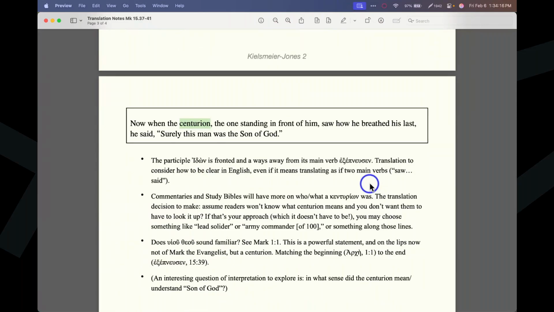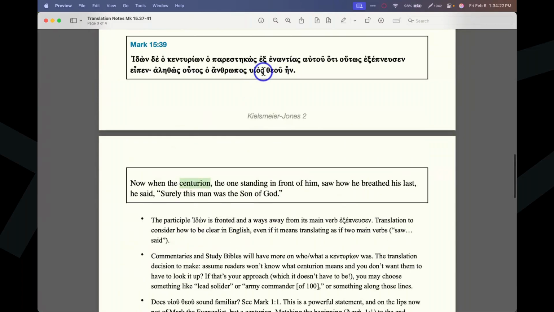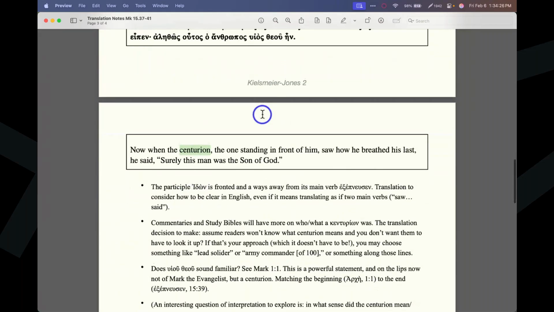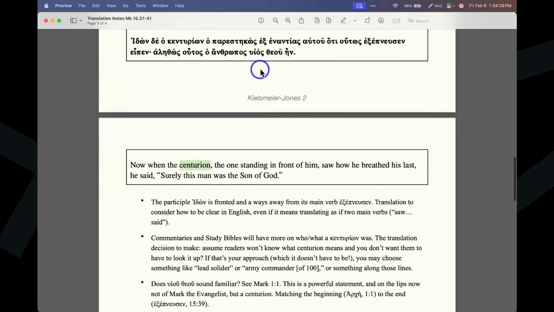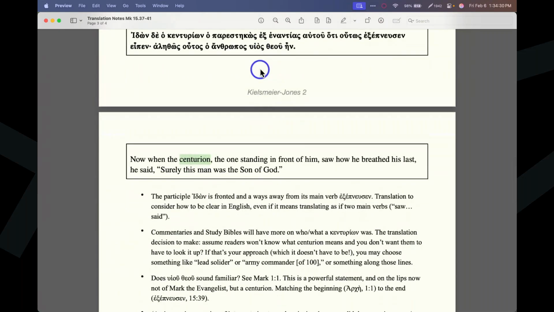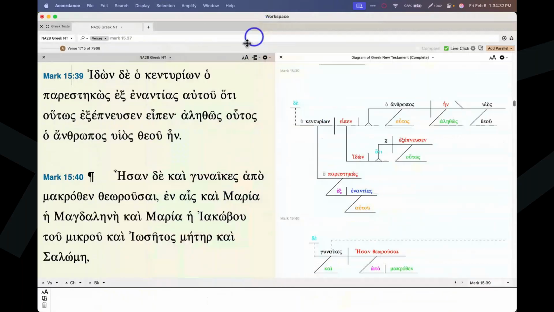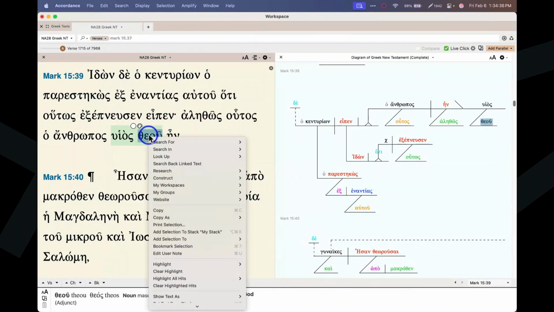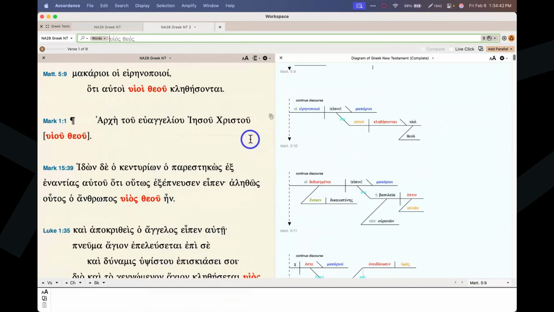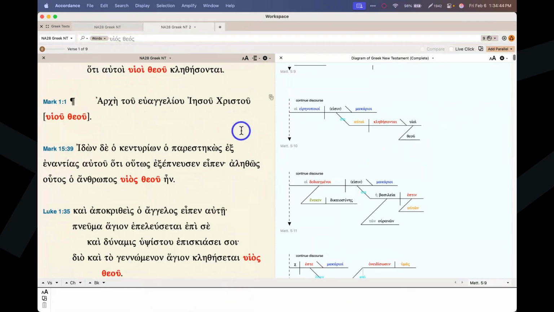Now to the really big point of this verse, in my opinion. Surely this man was the Son of God, huios theou ein. And if huios theou sounds familiar, it should, because, well, it's not like it's been repeated throughout the book, but we can search for the lexeme, which is going to give us huios theos, however it's inflected.